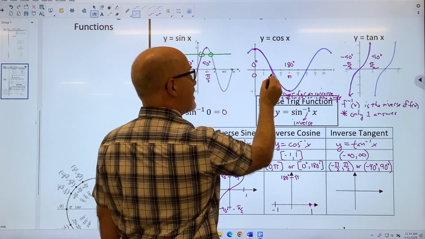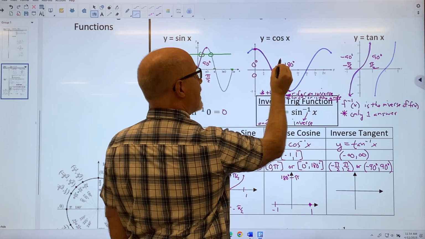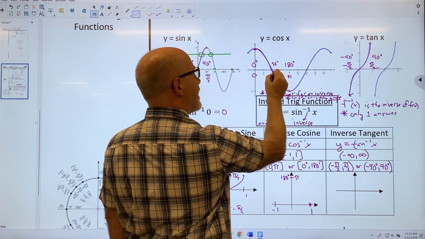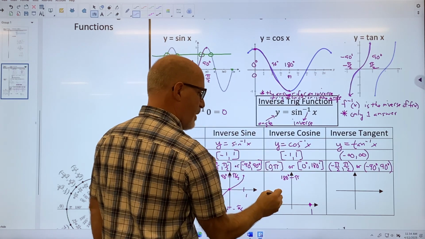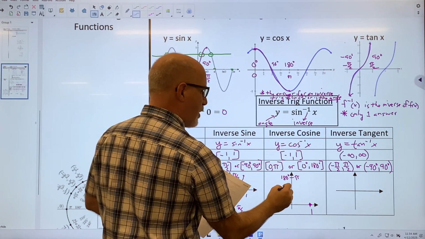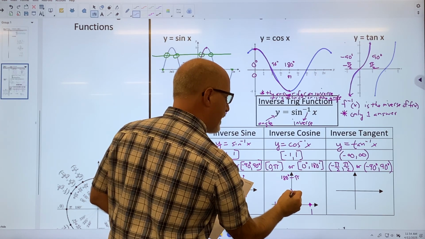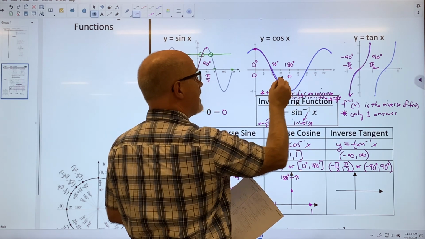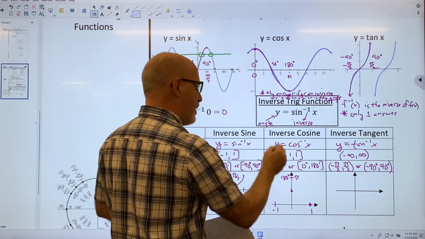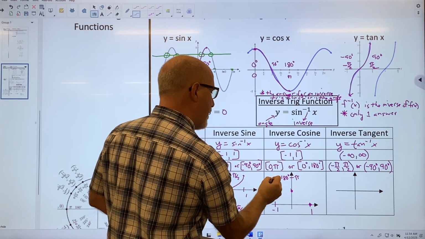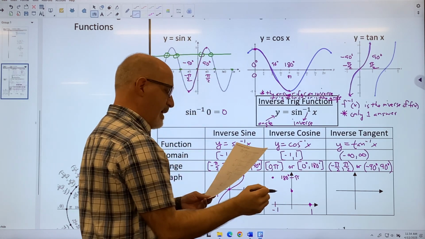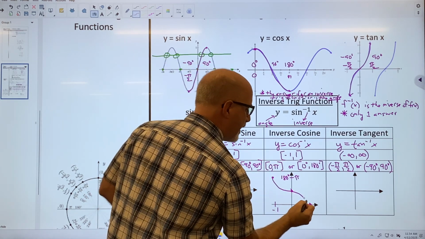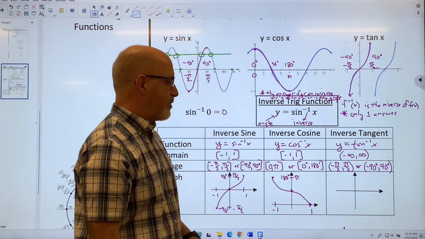And then this graph here is at 90 degrees right here. So 90 degrees, 0. So when we graph this one, we're going to go with 0, 90 degrees, so right in the middle here. And then lastly, this point here is 180 degrees, -1. We're going to go with -1, 180 degrees for the inverse. And then its graph will go in like this and out like that for my inverse graph.